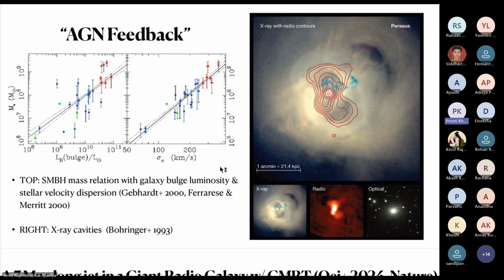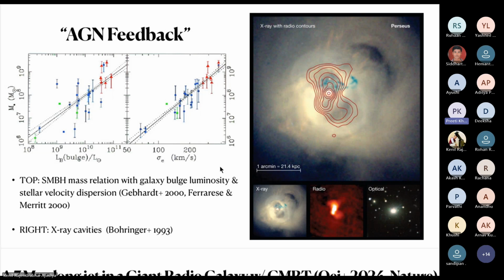But the important thing to remember is that the mass of the black hole, even though it's very massive, has effects that are only felt very close to it. The gas clouds, which give the broad lines that you see in the spectra, are affected, but not the stars in the galaxy bulge. It's very difficult to imagine how the galaxy bulge, which is much larger, knows about the mass of the black hole.